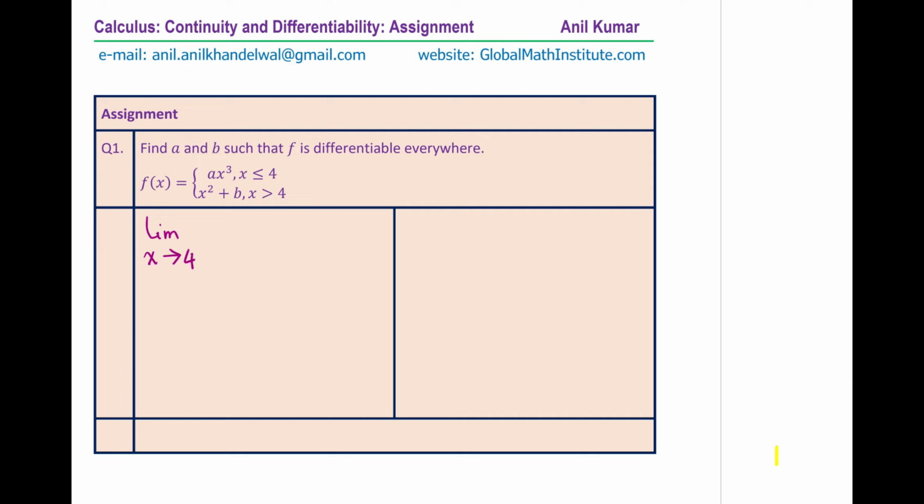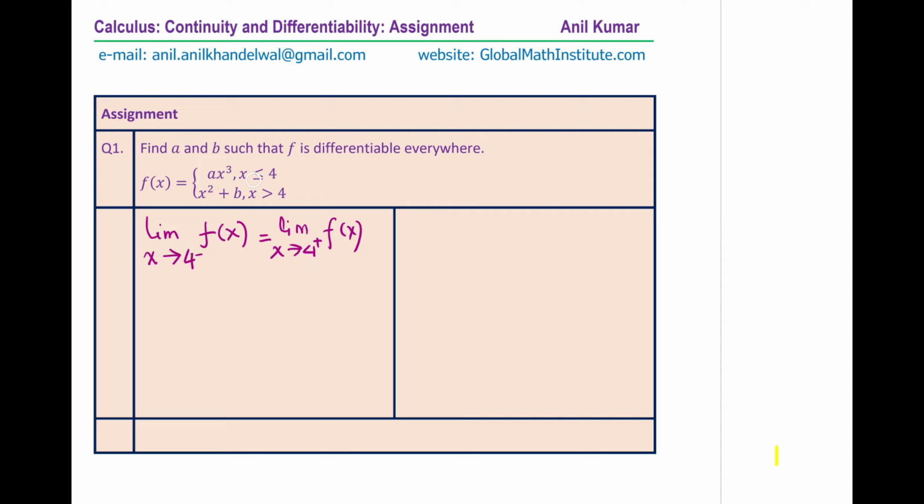The limit from both the left side and the right side should be the same, right? And should be equal to the value of the function. So the limit of this function at 4 from the left side should be equal to the limit of the function at 4 from the right hand side, and that should also be equal to the value of the function.